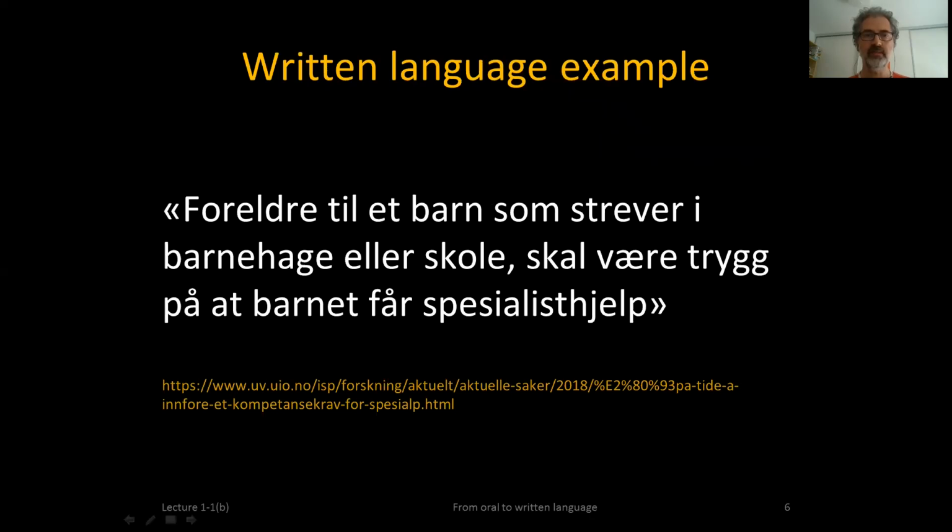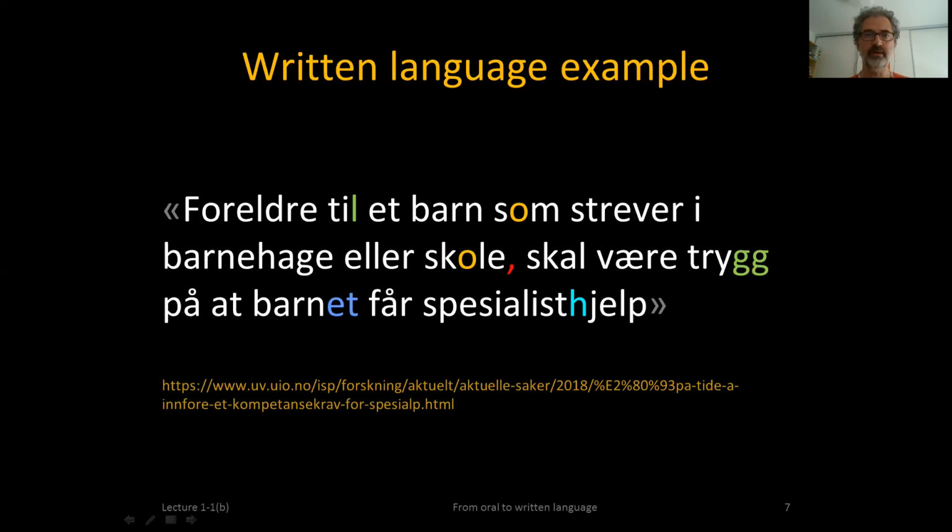This is one sentence, a simple sentence. I did not really choose it in any particular way. I took it from the webpage of ESP. And here we can look at how some of these symbols function in this written language example.